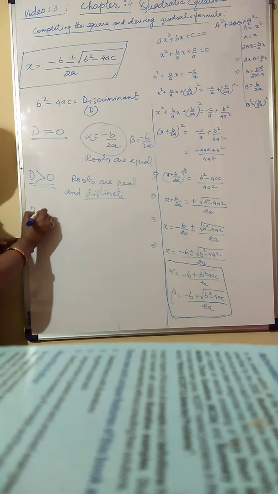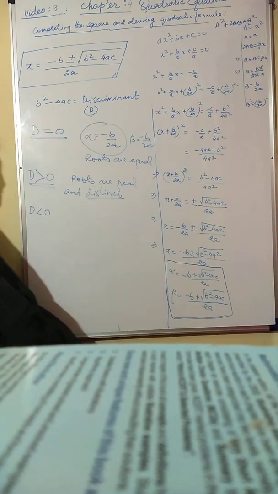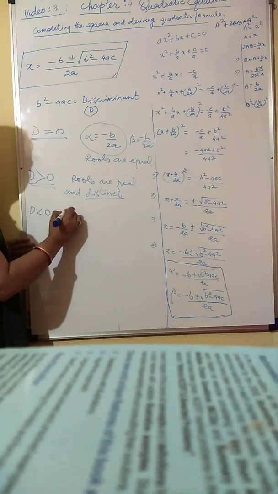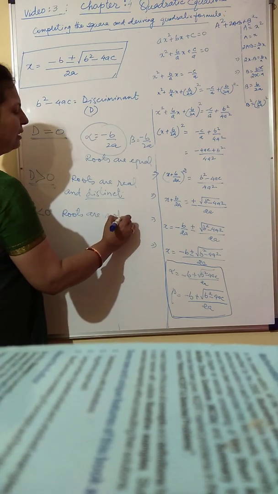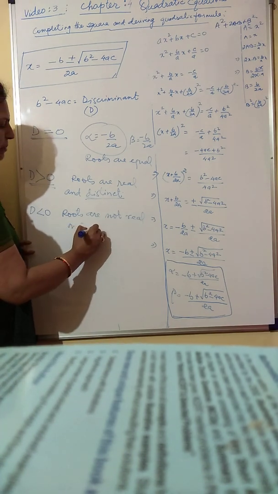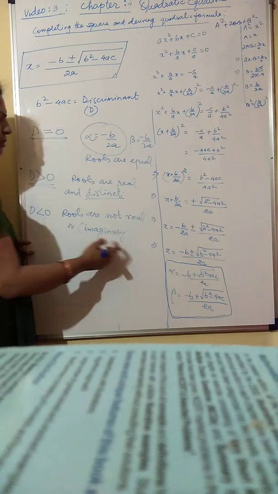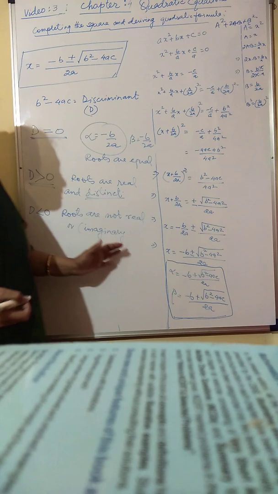And when d is less than 0, just now I explained that if there is a negative value under the root, it is not possible. So we will say that roots are not real, or we also use the word imaginary. Sometimes you will see the word used as imaginary. So roots are not real and imaginary.